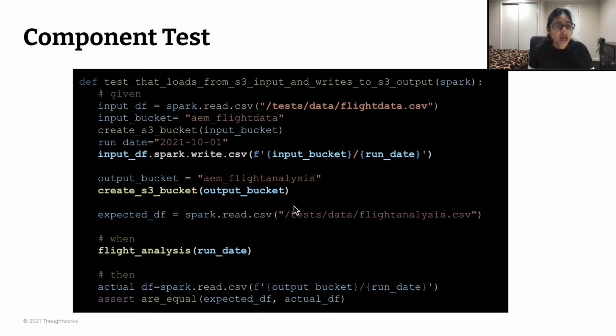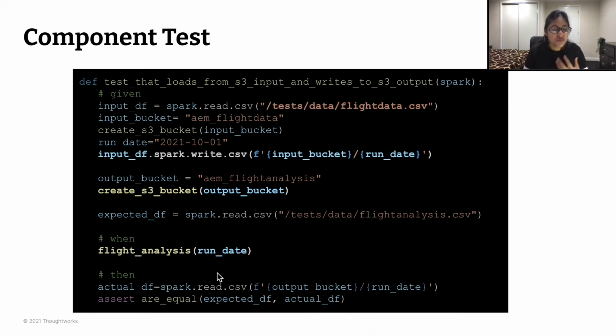Then when my function is called, it would be expecting that there is an output bucket where it should be able to write. So I'll create an output bucket again locally. So that's a mock output bucket. And then I'll just call my program. When my job is called, it will read from this input path, which is here, and then write to the output path if that output path has been created.